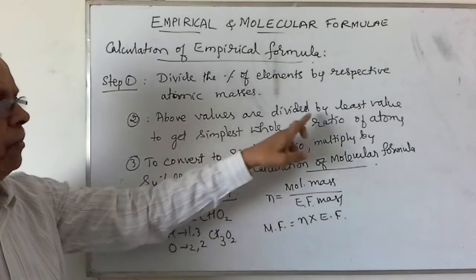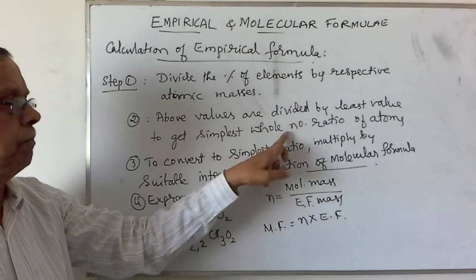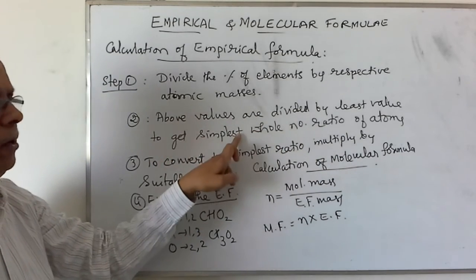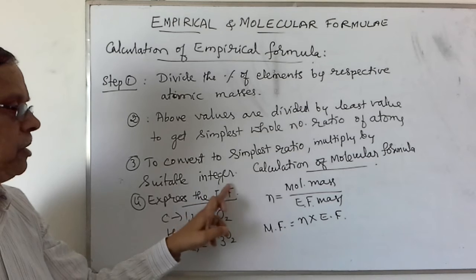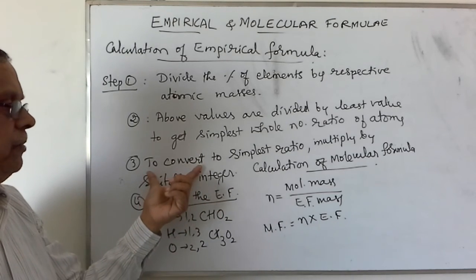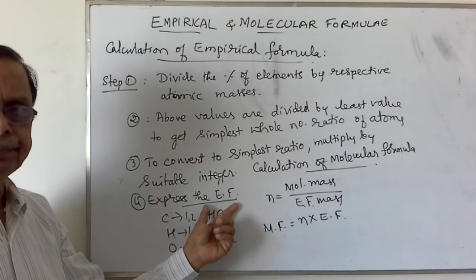By dividing by the smallest value, you can convert them to a simple whole number ratio. Even in the second step, if you don't get the whole number ratio, then multiply with a suitable integer to get the whole number ratio. Whatever the numbers you get for different elements, express them as the empirical formula.